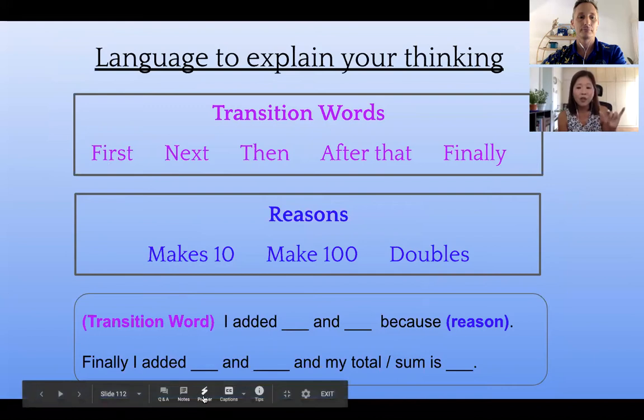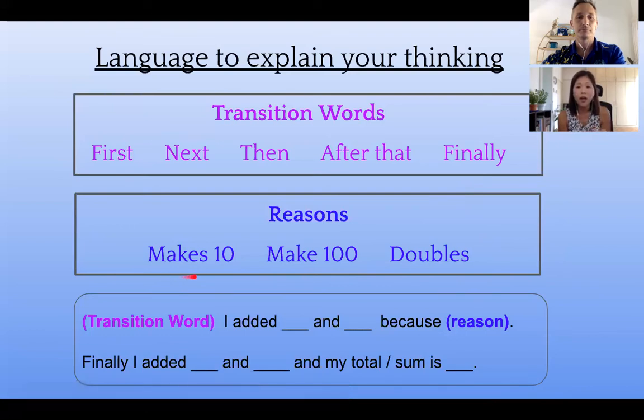And this time you're going to be thinking about the reasons why you added them first or next. You can use reasons like I made 10, or I made 100, or I saw doubles. Those are some language you're going to use today, and we will model that for you.